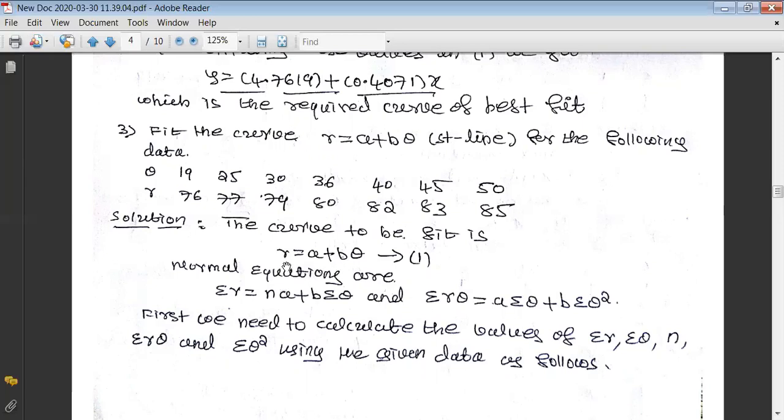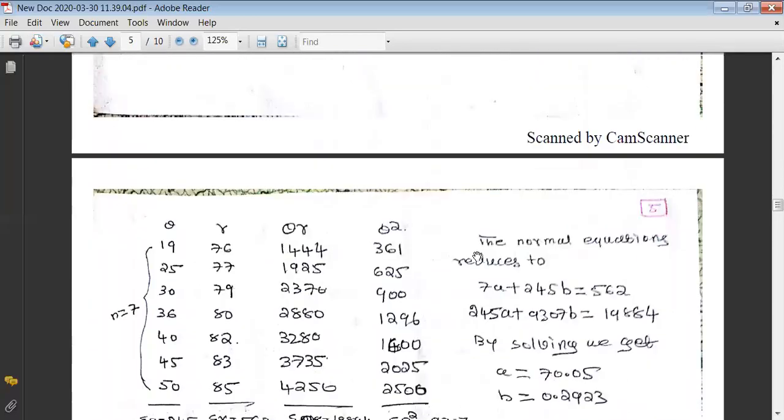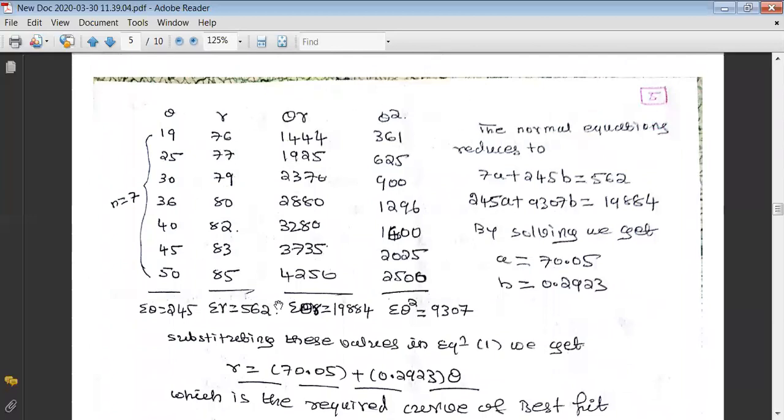If you do so, it will give you summation r theta equal to a into summation theta plus b into summation theta square. Again, in this case, the requirements of the normal equations are summation r, summation theta, n, summation r theta, summation theta square. We have to calculate these values with respect to the given data using the following table.